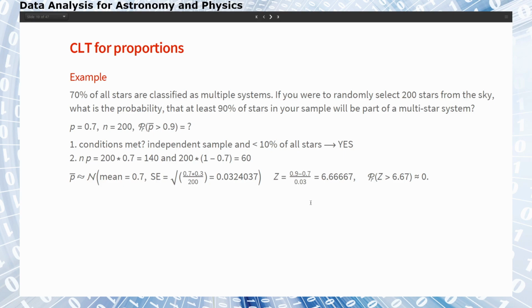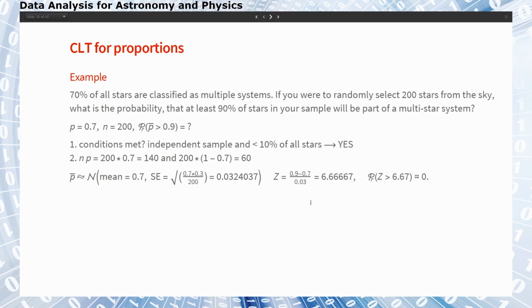So, the population success probability, or the proportion, is 0.7. Sample size is 200. We are looking at the probability to find a sample proportion that is larger than 0.9.